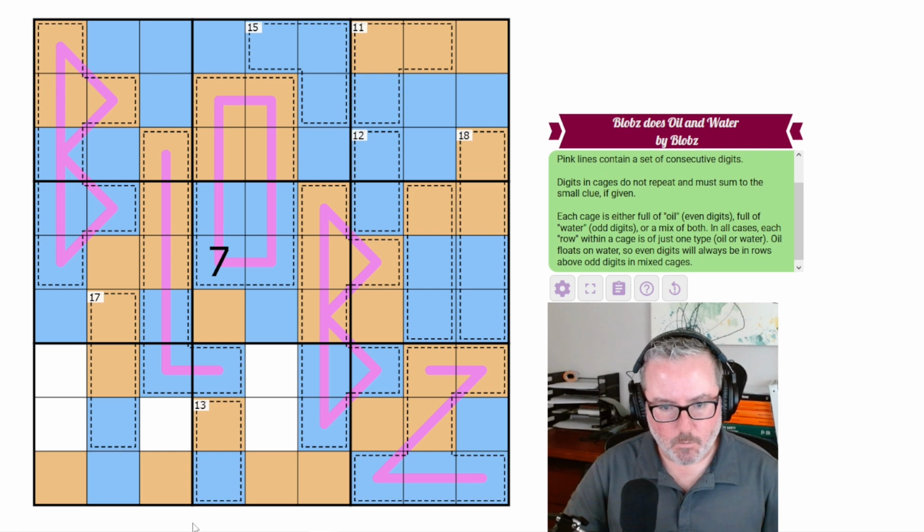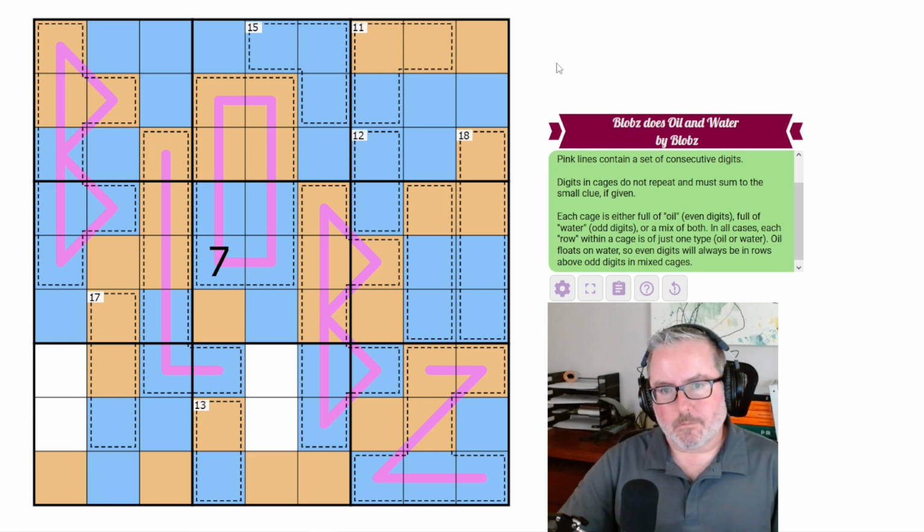We said we had to have 1 odd, 1 even, so this has to be odd. And we've got to be able to place, and we might end up with an X-wing situation here. We have to have 1 odd and 1 even, 1 odd and 1 even. And at the moment, I don't see how we can do that just yet.